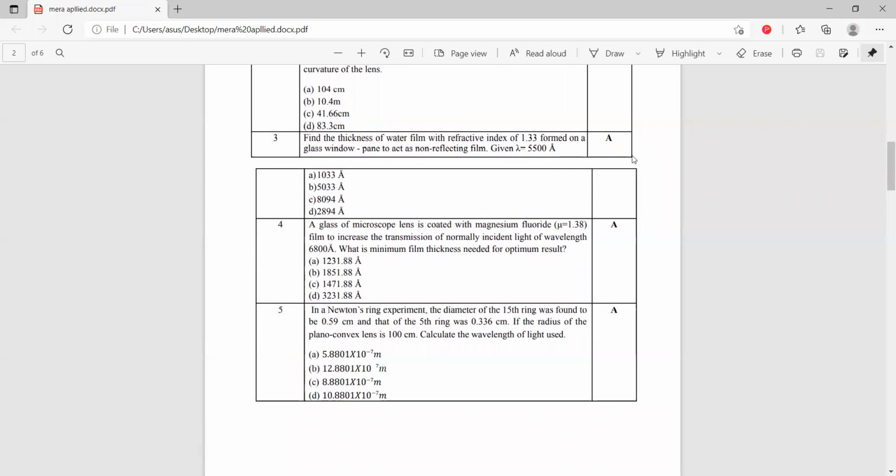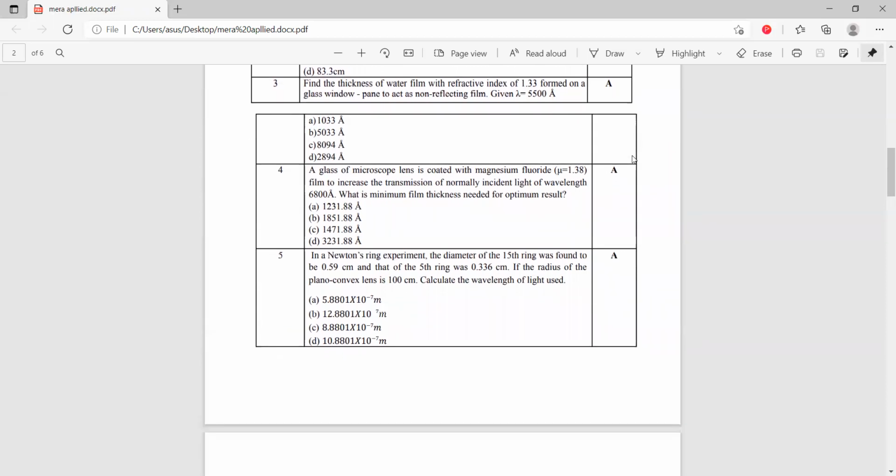Moving to fifth question. In Newton's ring experiment, the diameter of the 15th ring was found to be 0.59 centimeter and that of fifth ring was 0.336 centimeter. If the radius of the plano-convex lens is 100 centimeter, calculate the wavelength of light used.